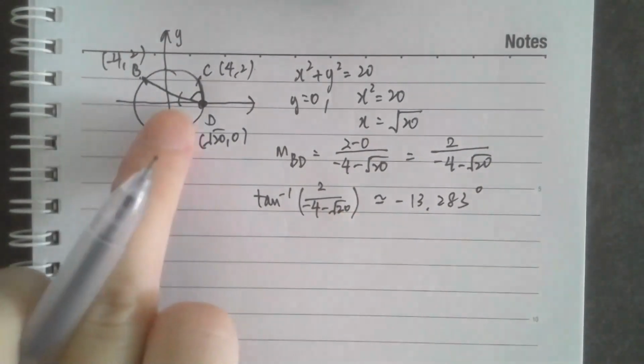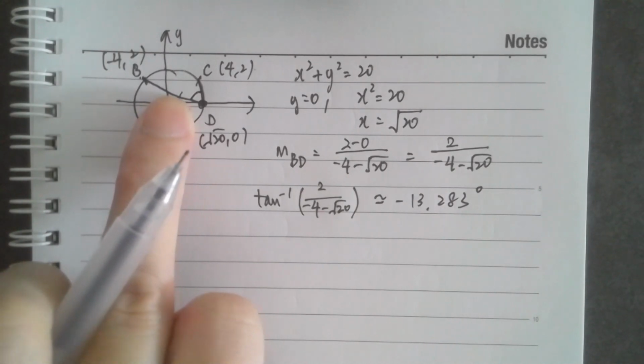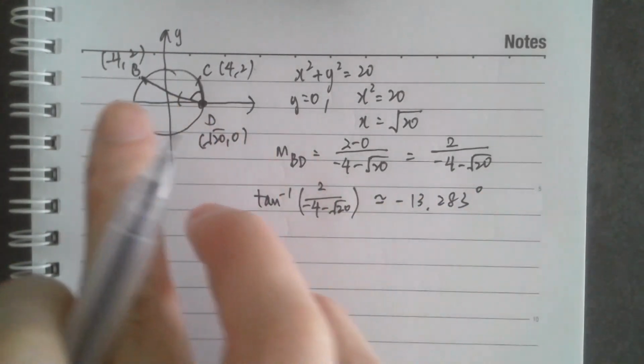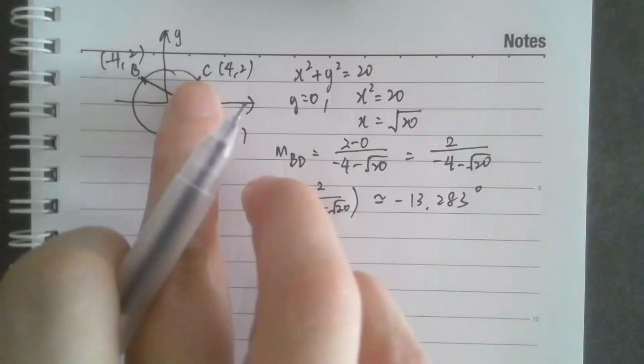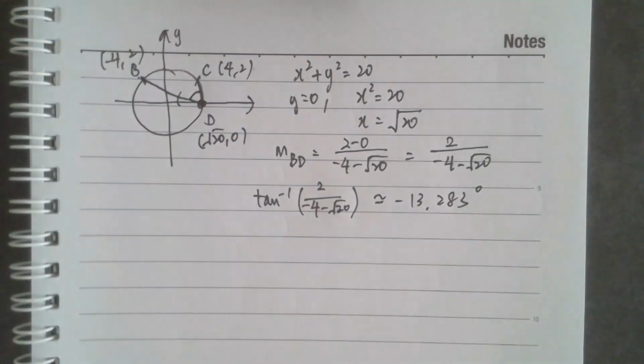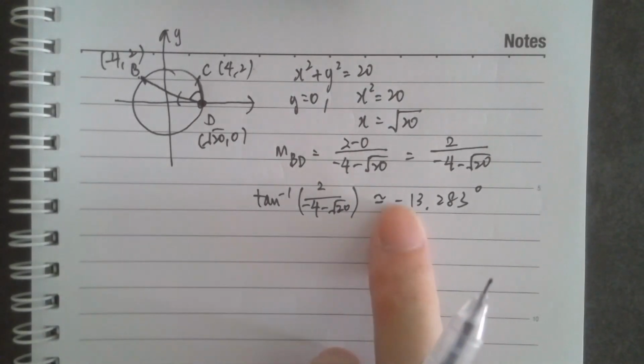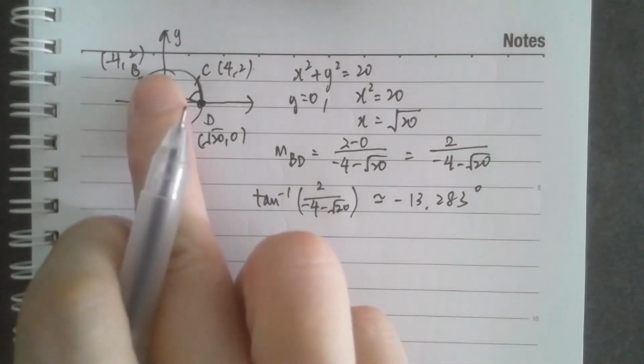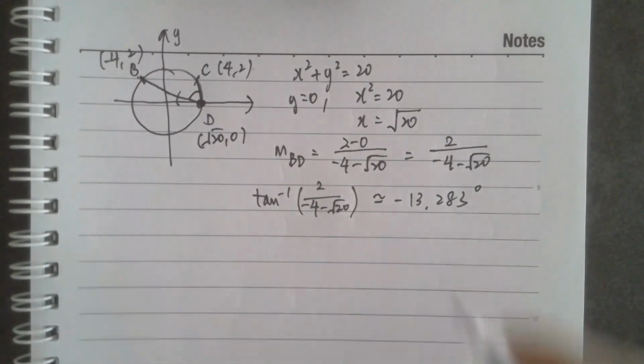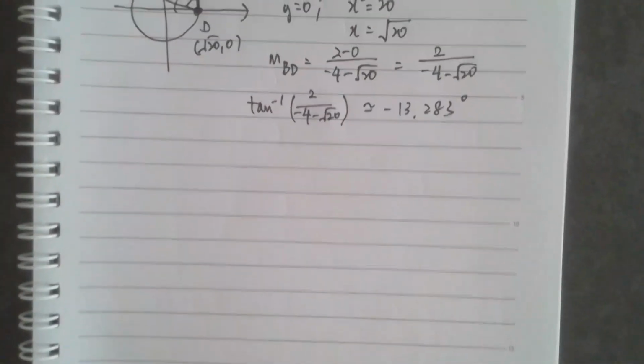This refers to the angle here, because if you take 180 minus the positive of this, you will get an obtuse angle on the other side. So you have to understand where the negative comes from. It's on this side.